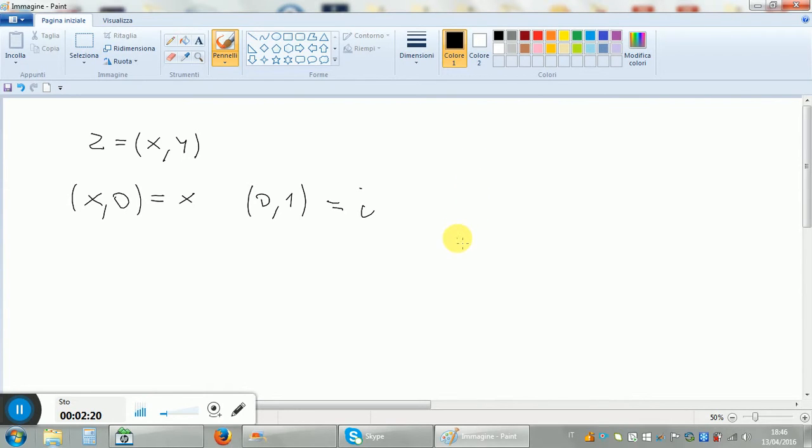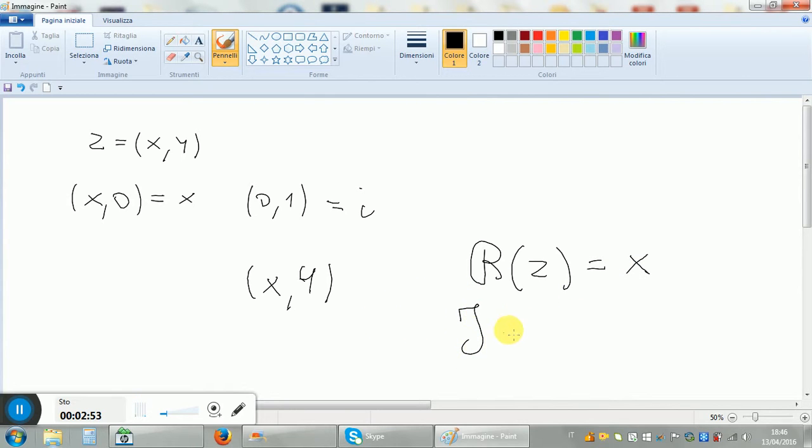The real numbers x and y are called the real and imaginary components of the number (x, y), respectively written as Re(z) is equal to x and Im(z) is equal to y.